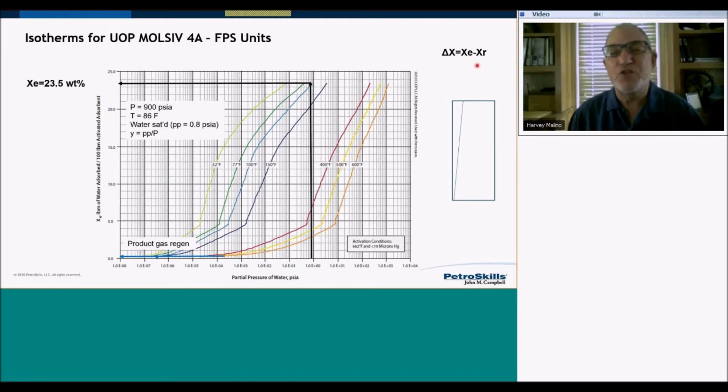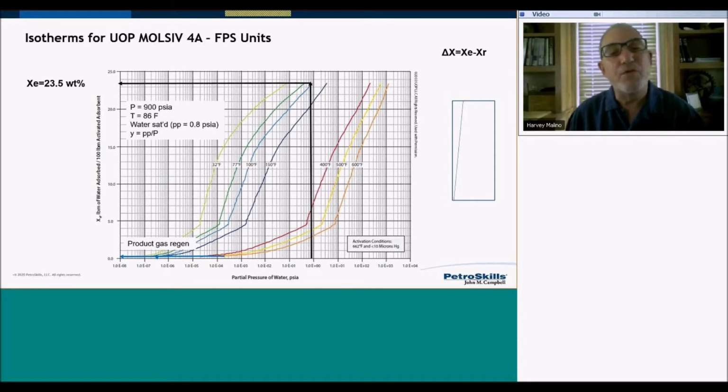And as an average residual loading, you can assume 4 weight% as a good number. So that means that 23.5 minus 4 will give you a net loading of 19.5 weight%. But that's when the molecular sieve is brand new. As the molecular sieve ages, that loading is going to decrease. We'll talk about that in a few moments.